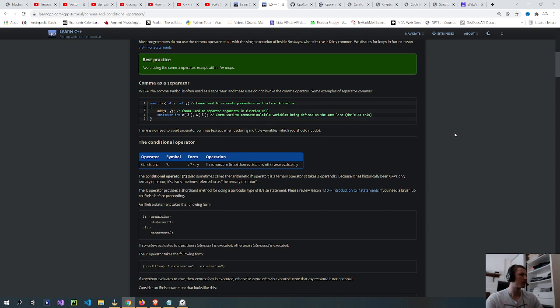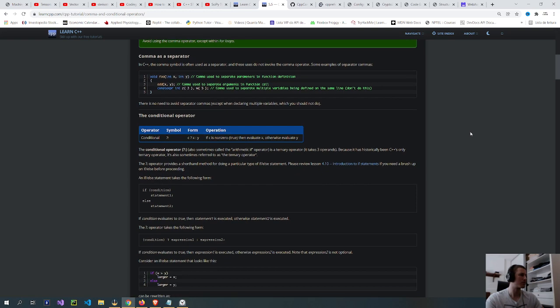Comma as a separator. In C++, the comma symbol is often used as a separator, and these uses do not invoke the comma operator. Some examples of separator commas. Comma used to separate parameters in a function definition. Comma used to separate arguments in a function call.